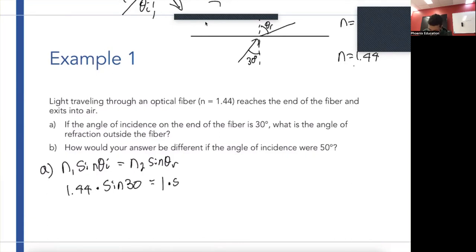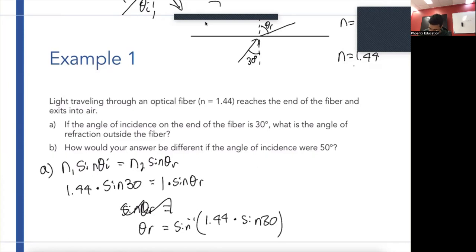And what we're trying to find is the angle of refraction, theta R. So then sine theta R equals 1.44 multiplied by sine 30, so theta R would be equal to sine inverse of all this. All right, and plugging this into your calculator, you should get 46 degrees.